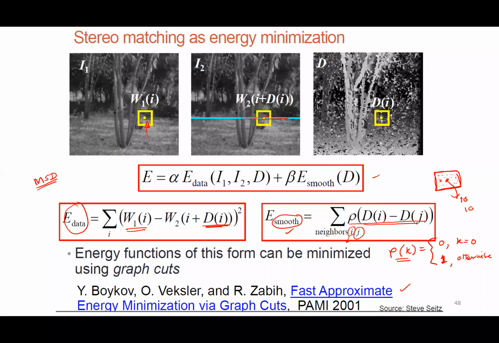You go there, and at that pixel, for a given disparity, you know the intensity, you compute the difference, you take the square of that difference, you sum them over all. If you are considering just a single pixel, the summation part is not there, but this is nothing but the mean square difference term. Do you see that?